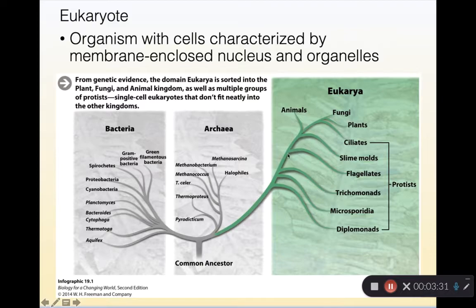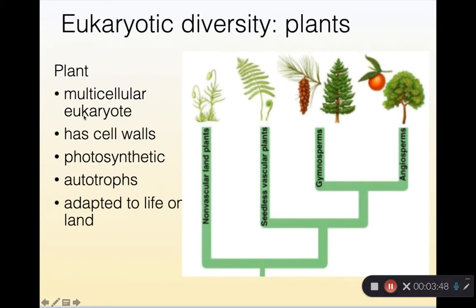As we've done in the previous two lectures, let's center ourselves in our phylogenetic tree, our tree of life, where we have bacteria, archaea, and now we've jumped into Eukarya. We talked a little bit in our last lecture about plants, which are multicellular eukaryotes. They have cell walls. They're photosynthetic, so that means they're making their own food, or they're considered autotrophic.